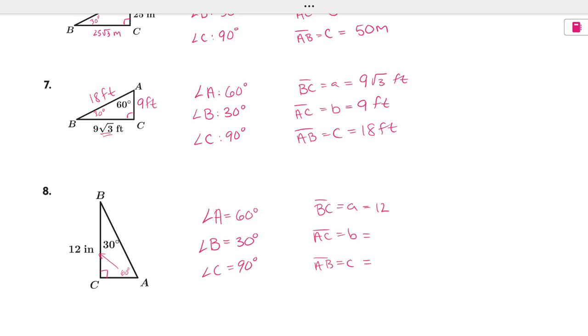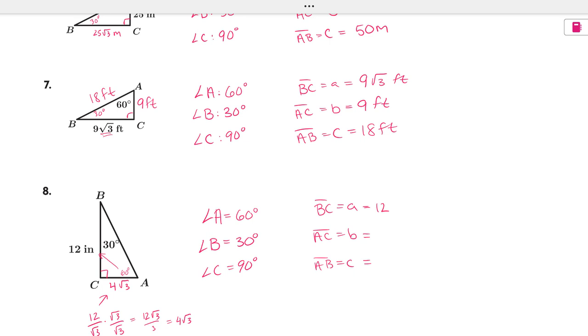So remember, the 30-degree side, we multiply by square root 3 to get that value. So that means to go backwards, we have to divide by square root 3. Now I always want to rationalize, so I'm going to do square root 3 over square root 3. So I get 12 root 3 divided by 3, or 4 root 3. So that is my side here. You can always double check, is 4 root 3 times root 3 12?